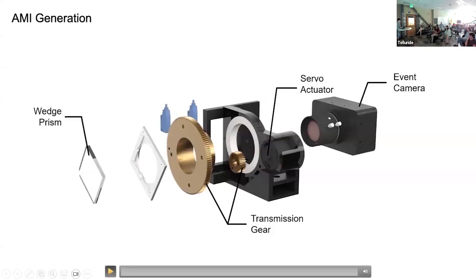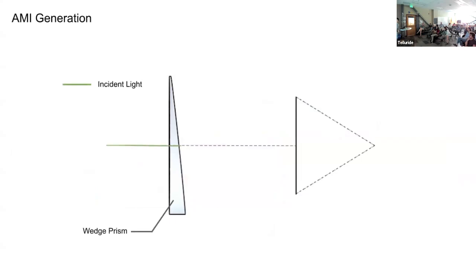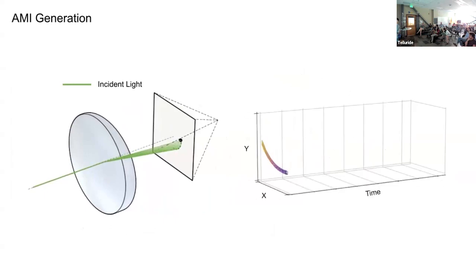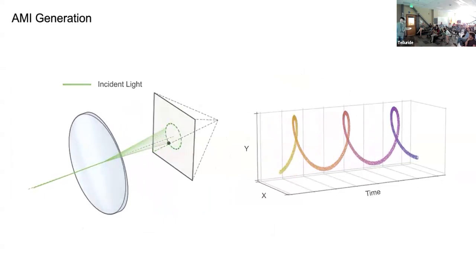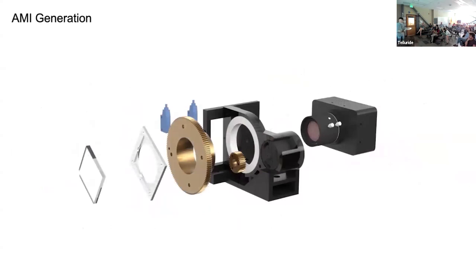Well, that's a detailed explanation about our mechanism, about the generation and compensation of the proposed work. So we have a wedge prism. It can deflect the light by a certain angle. And when it rotates, it continuously deflects the incoming light to different pixels, so that we can actively jitter events.